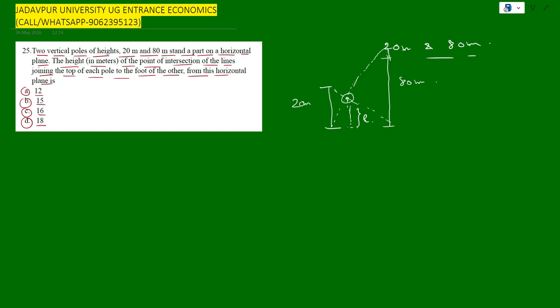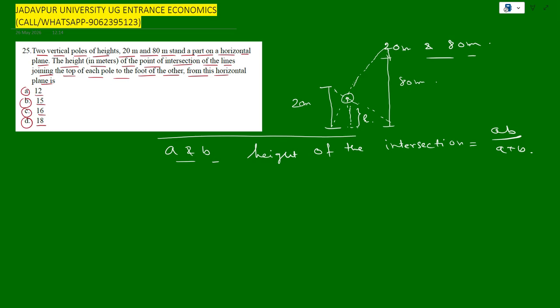For this exact configuration, if two poles have heights A and B, then the height of the intersection will be AB by A plus B. This is a very important shortcut trick.